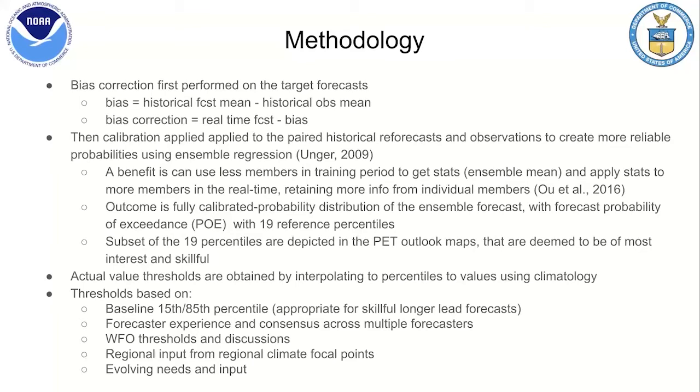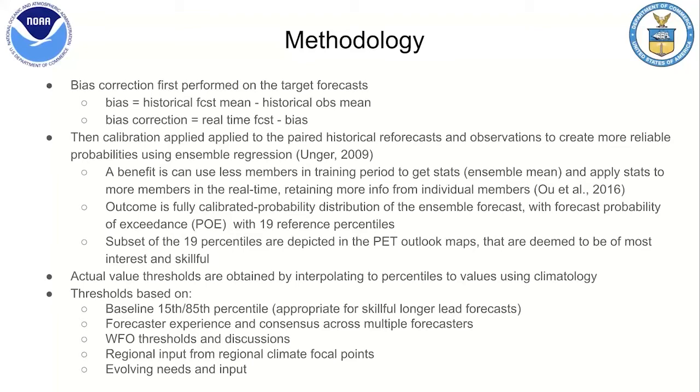After the bias correction, we do the calibration, which is the adjustment to the probabilities themselves. We pair these historical reforecasts and observations, and then we create a set of statistics. These training statistics are then applied to the real-time data, and we get a more reliable calibrated data set.